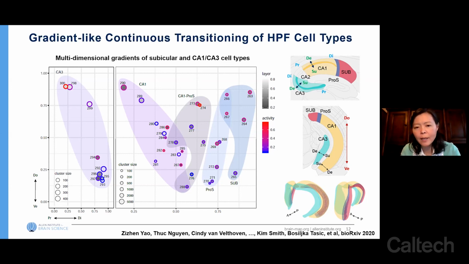With one shot, we identify the gradient distributions of cells and their gene expression patterns collectively together.